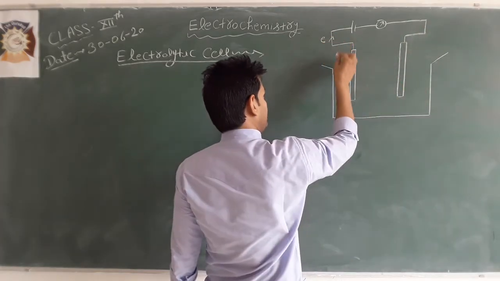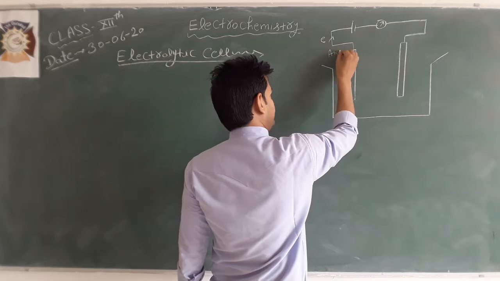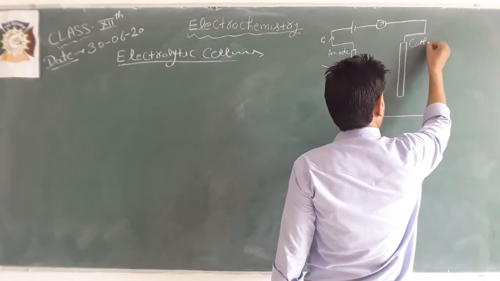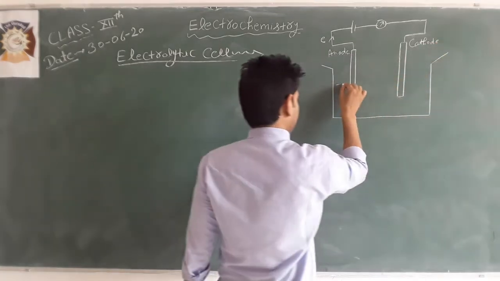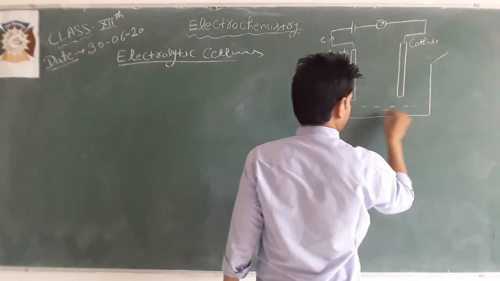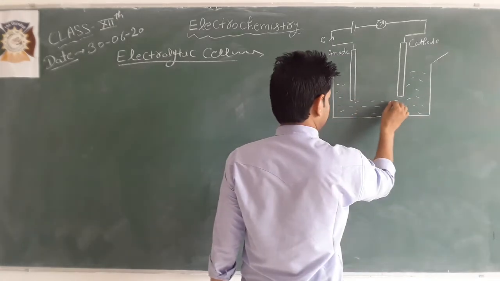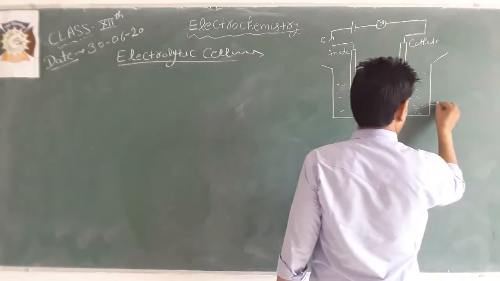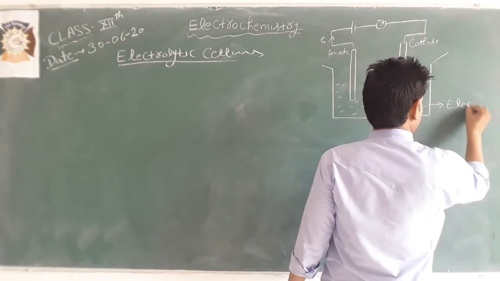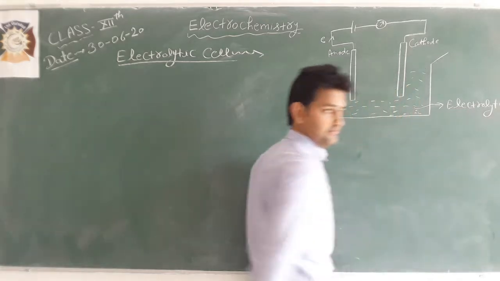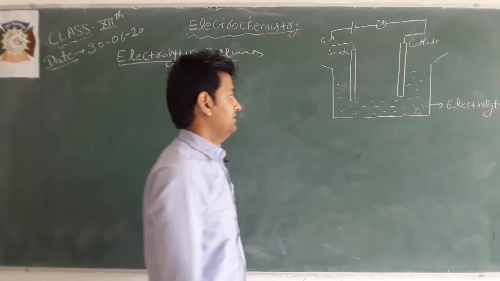Electrons will move from the anode to the cathode. There is an electrolytic solution present in it. This is our electrolyte.